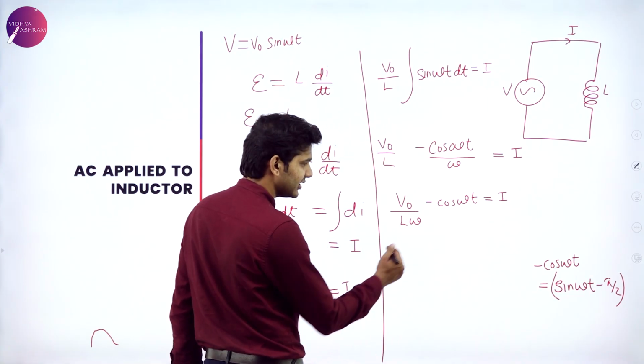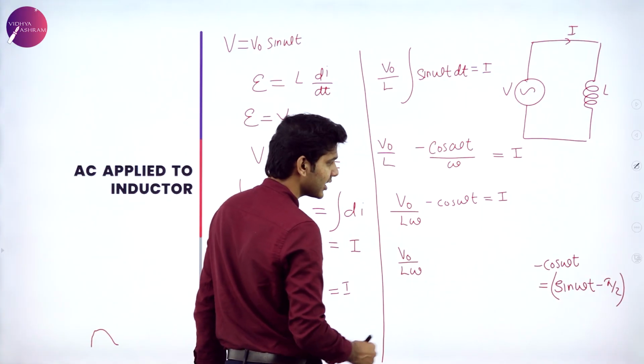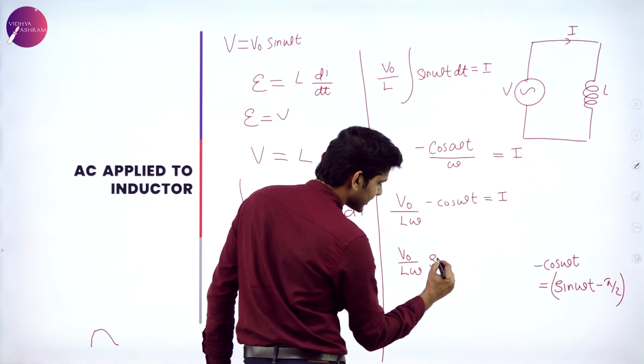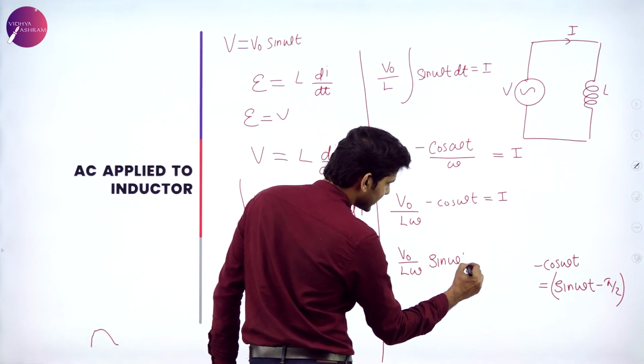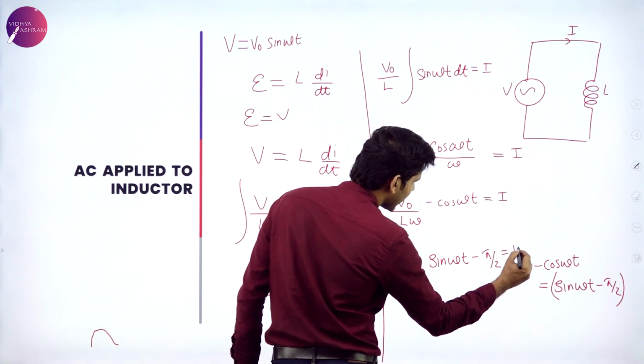So I can actually write V naught by L omega into sine of omega t minus pi by 2 is equal to I.